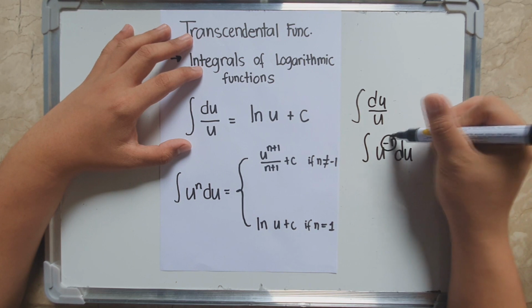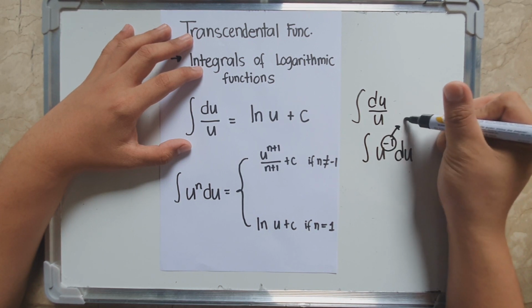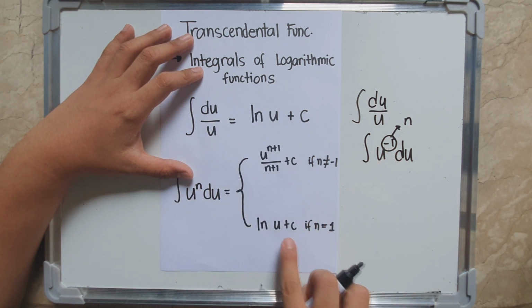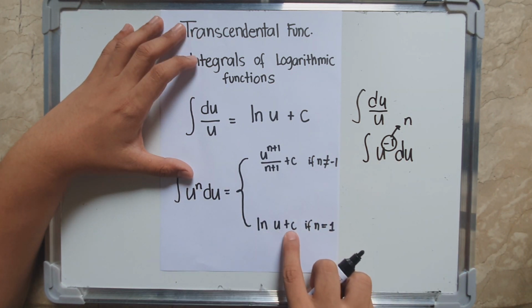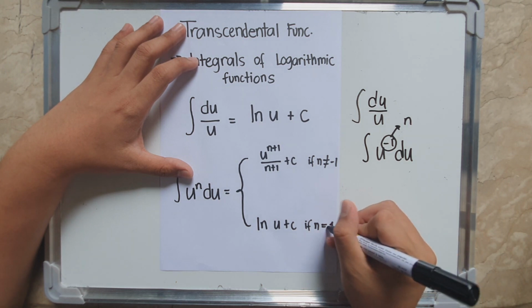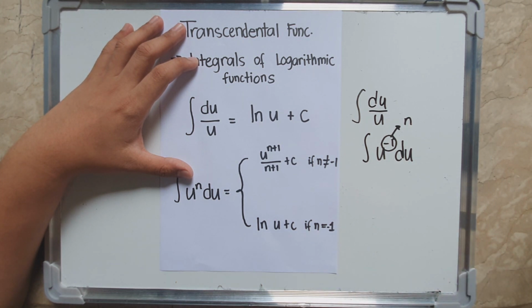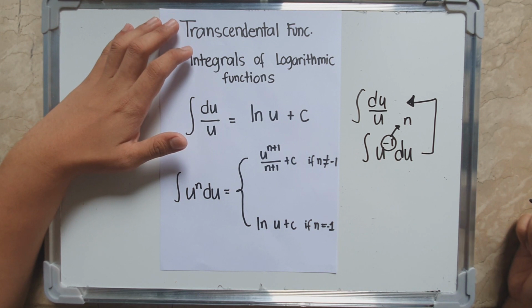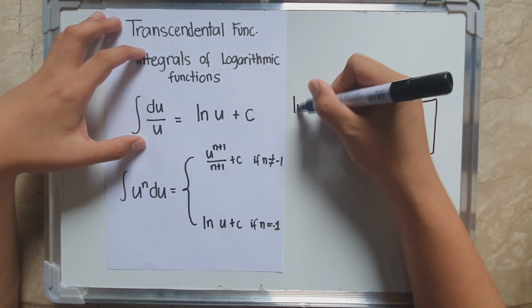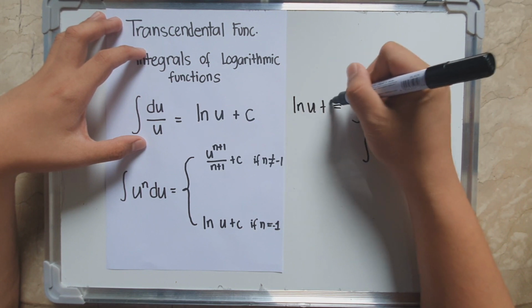When our n is equivalent to negative 1, we get ln u plus c, given that the value of our exponent is equivalent to negative 1. So integral of du over u is equivalent to ln of u plus c.